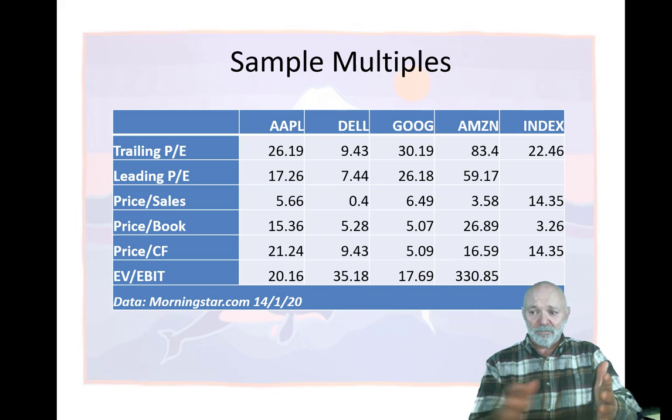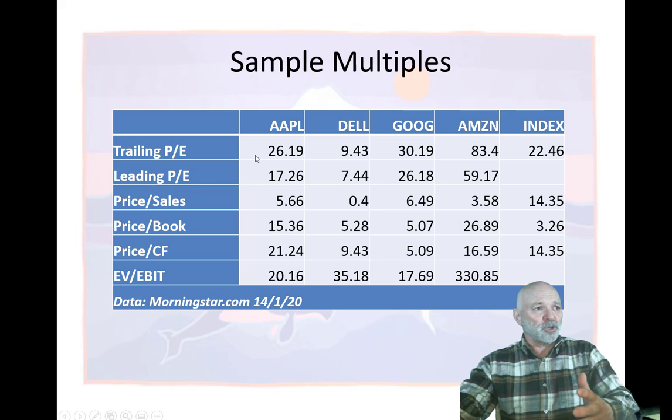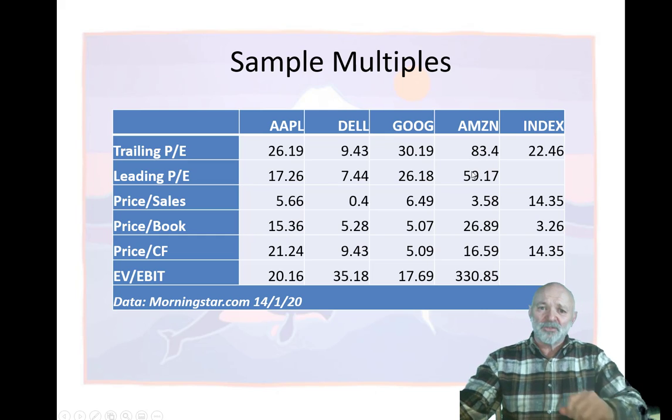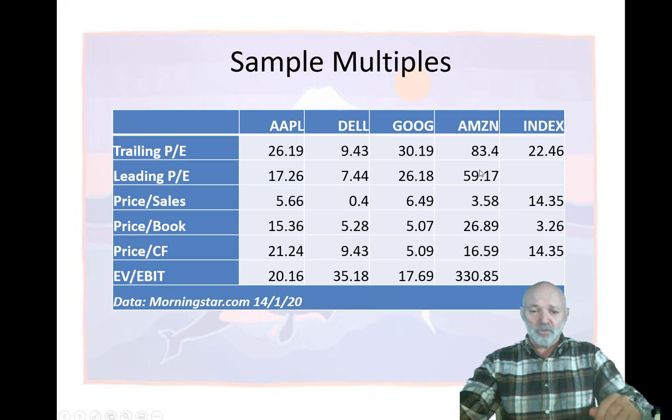Now, you can see here by looking at the trailing price earnings multiple, Apple was at about 26 times, Dell at 9, Google at 30, Amazon is at 83 times. One of the fastest growing businesses. Its growth is reflected by that high price to earnings multiple. But all of these companies are doing pretty well because the average for the largest companies in the United States is sitting around 22 times on the day that I downloaded that information.